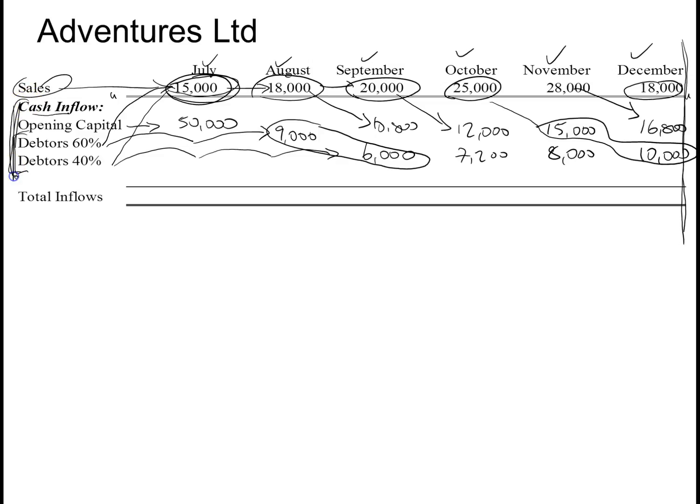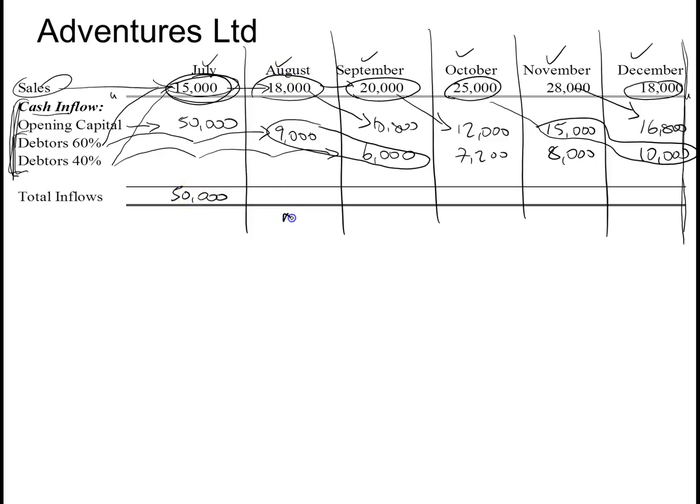Now, as I mentioned earlier, there were no other cash inflows, so we're simply going to add up the cash inflows for each month. So in other words, based on this plan, the projected cash inflows for the month of July come to 50,000. The projected cash inflows for the month of August, well, they come to 9,000.